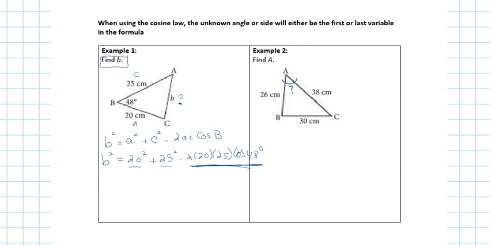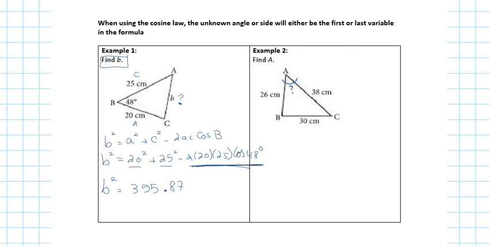And I got b squared is equal to 355.87. Is that my side length? I have to square root because this is b squared, right?